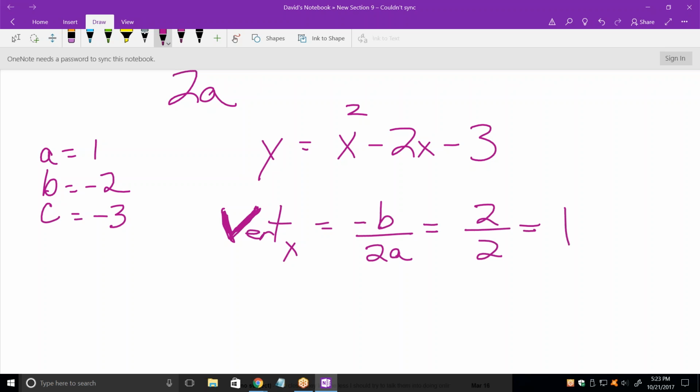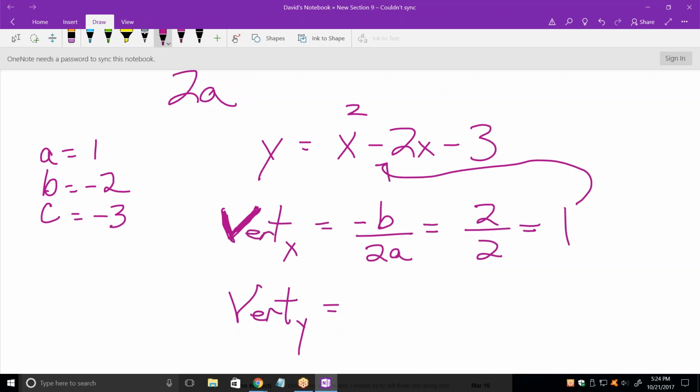Now, to get the y coordinate of the vertex, I substitute that in for x in the function. So you substitute the result of the x coordinate in for x? Exactly. That's the way you always do it.